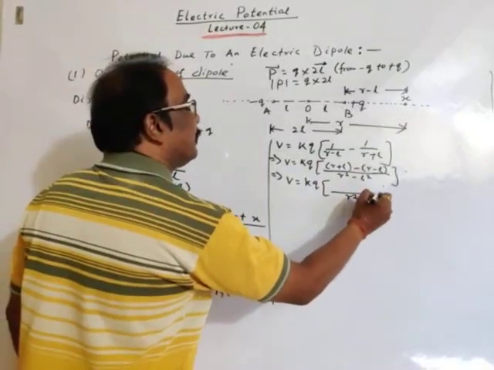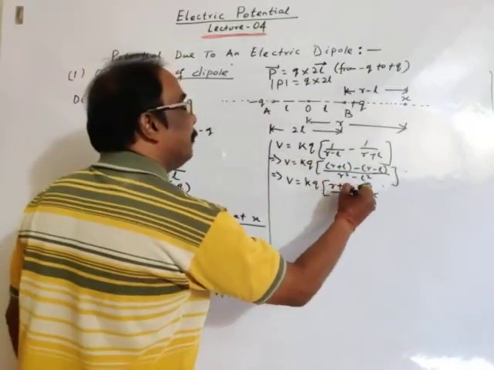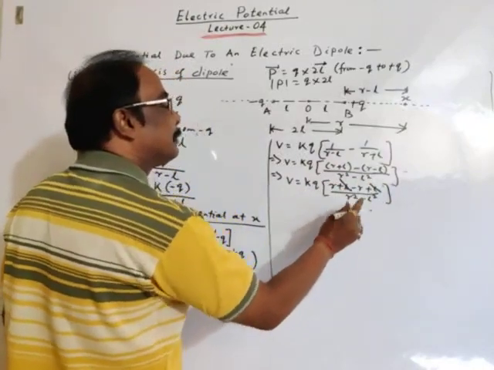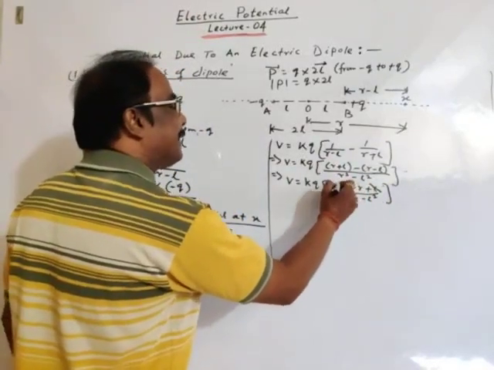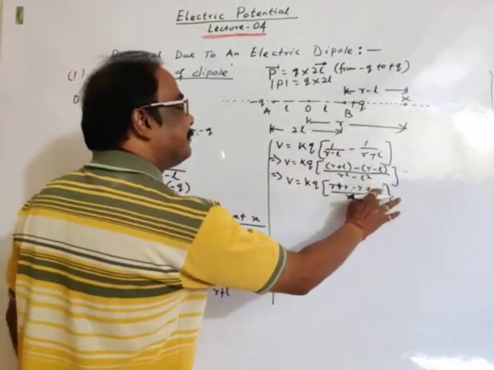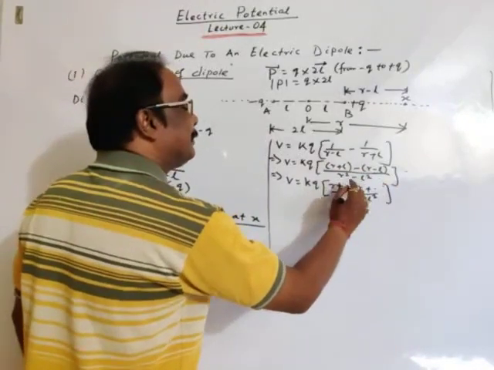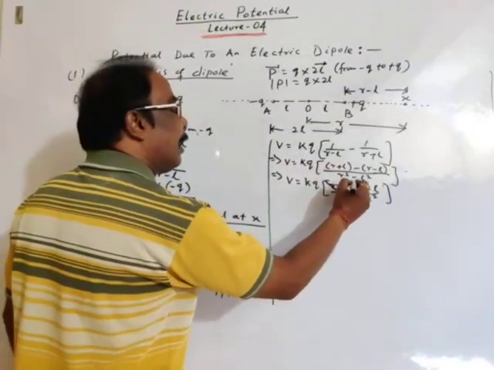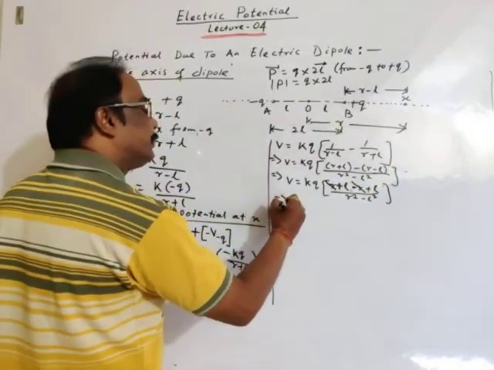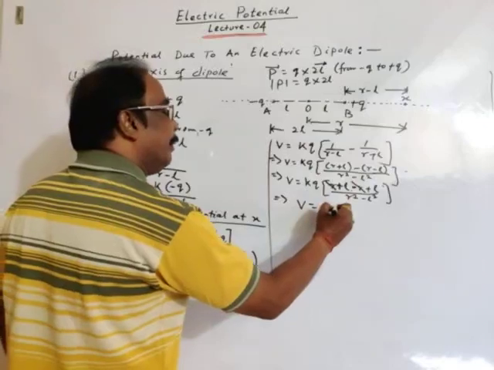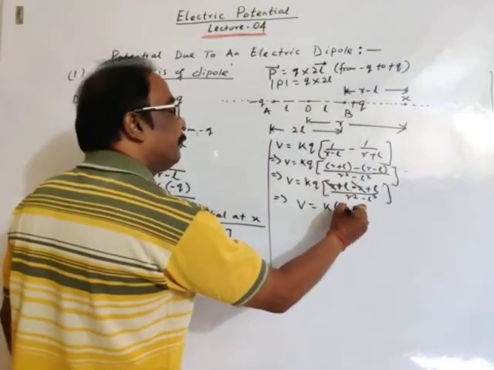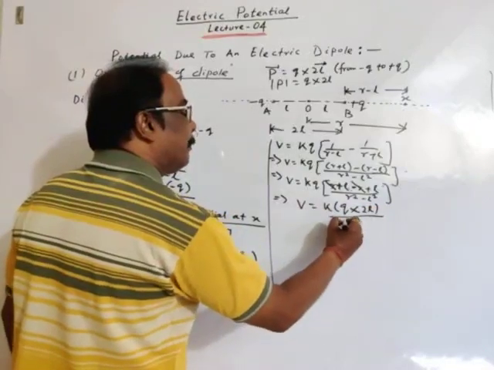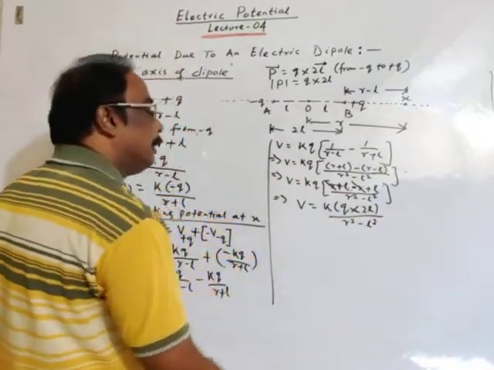Then V is equal to kq over r square minus l square, this is r plus l minus r plus l. Minus r plus r get cancelled, and plus l plus l remains. So potential is k, q into l plus l is 2l, divided by r square minus l square.